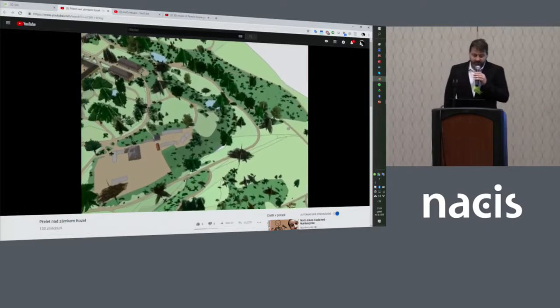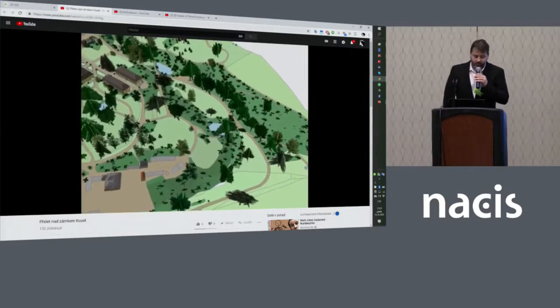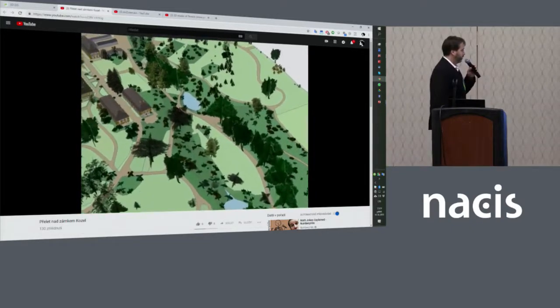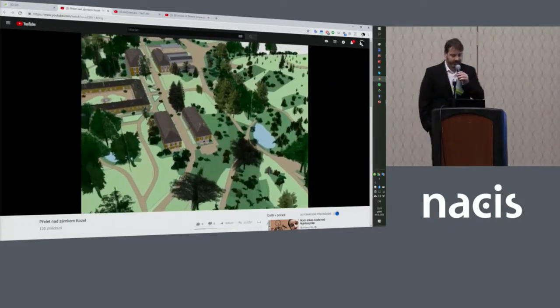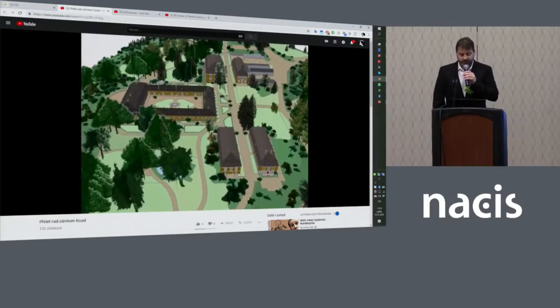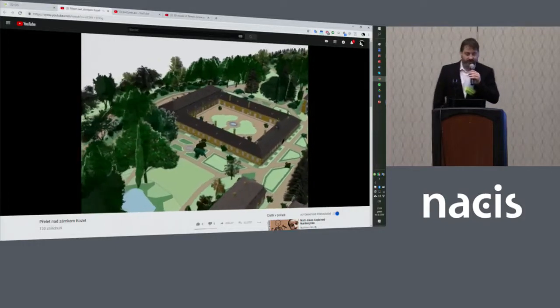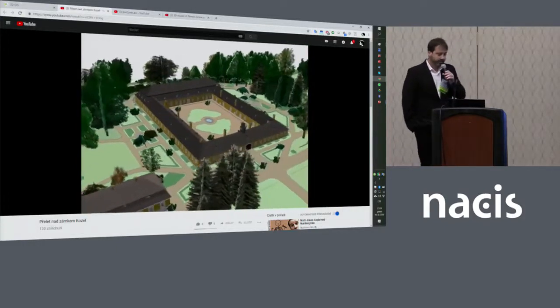Talking about different data types, you can see here all traditional data types from points, lines, polygons to 3D models. This is a case study of a castle, Chateau Kozel, which we developed in cooperation with the National Heritage Institute.